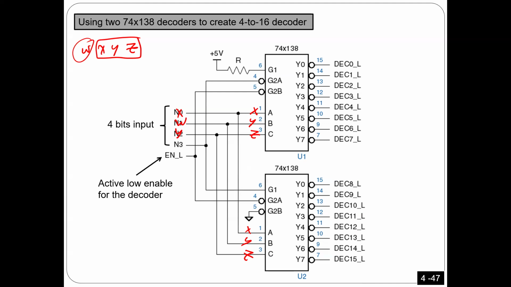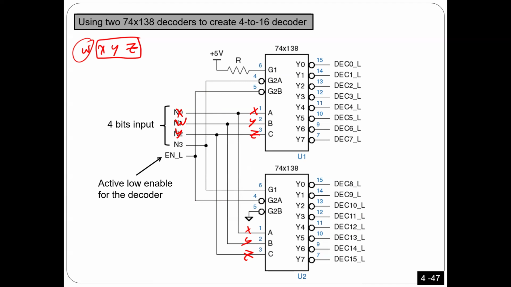To do that, look here, I'm going to take one enable here and one enable here. Sorry, not this one. There should be one with an inverter and another one without an inverter, to make sure this one works and the other one is not going to work. I don't need to add an inverter because you already have inverters.